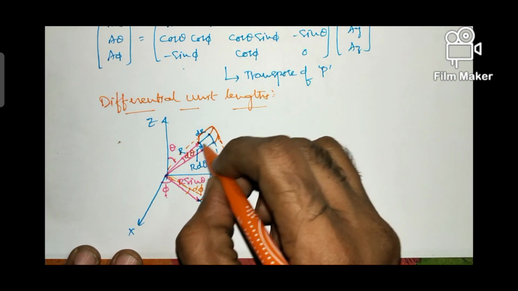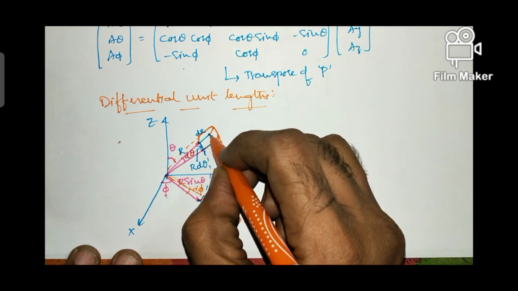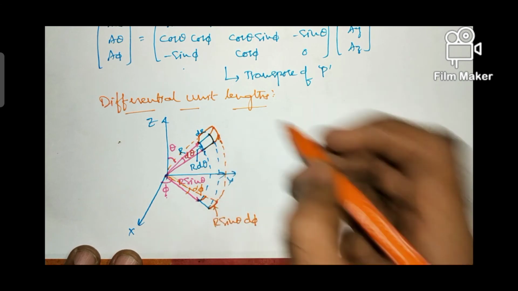These are the three differential lengths generally we get in spherical coordinate system.